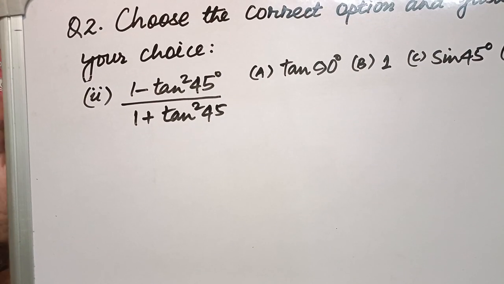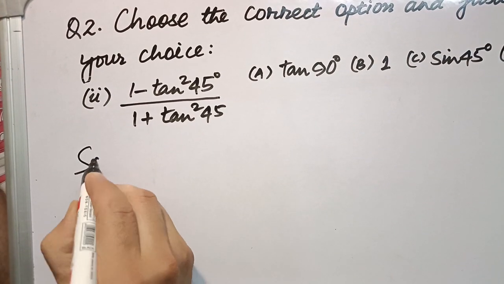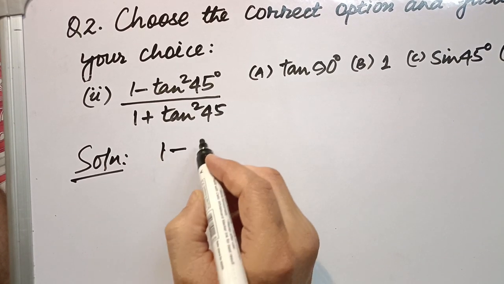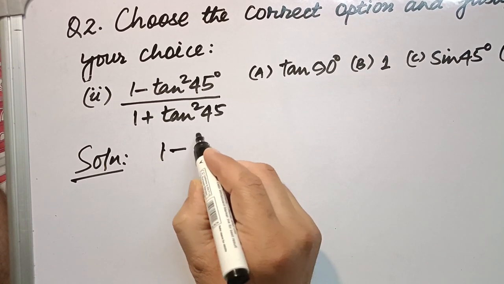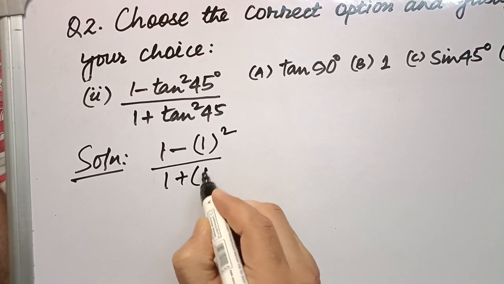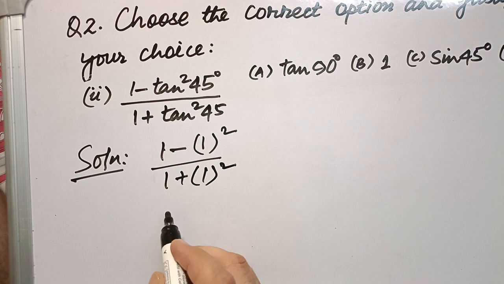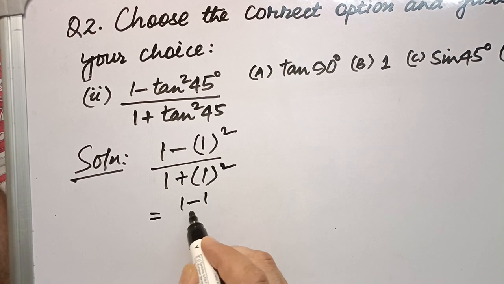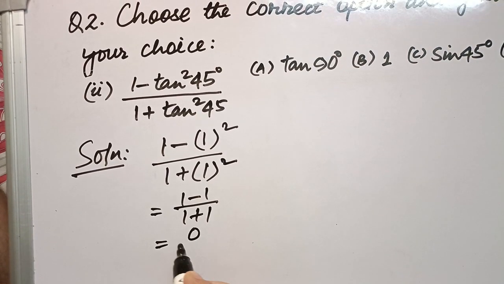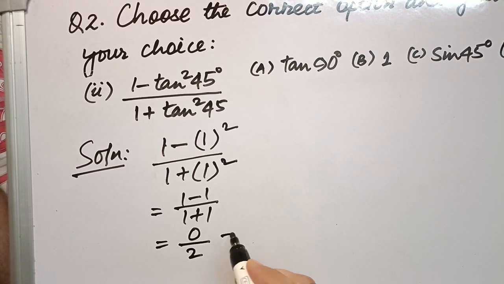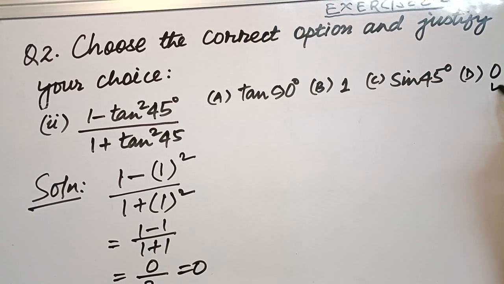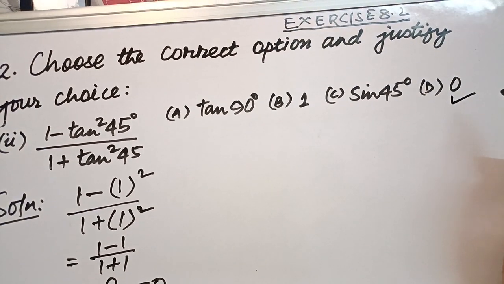1 minus 1 square in the numerator, as you know the value of tan 45 is 1, and you need to square it. Same goes with the denominator, 1 plus 1 square. So 1 minus 1 divided by 1 plus 1 is 0 by 2, that is 0. So no need to solve all the options, option D is your correct answer.